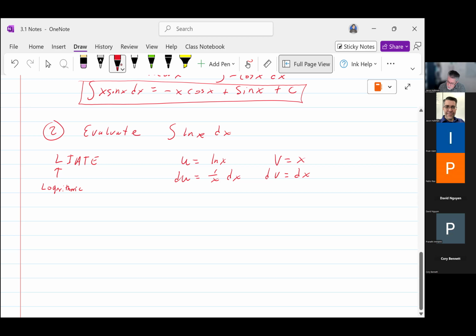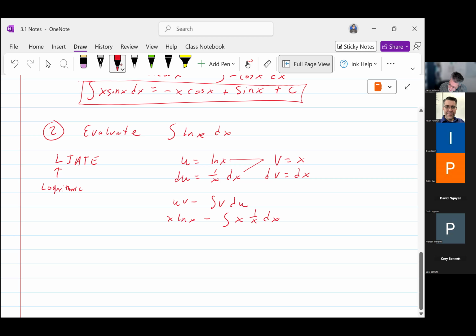It is x. So now I have my uv, v du. So we're going to say that uv minus the integral v du is going to be x natural log x, right? x natural log of x minus the integral of v, which is x, times the du, which is 1 over x dx.